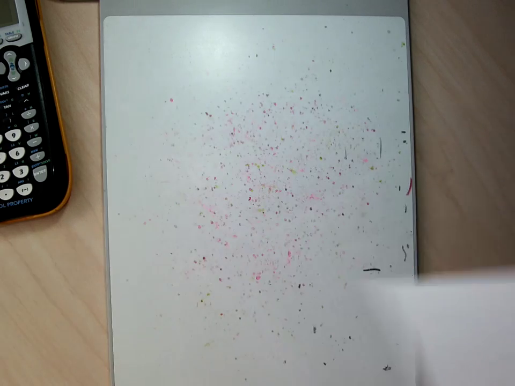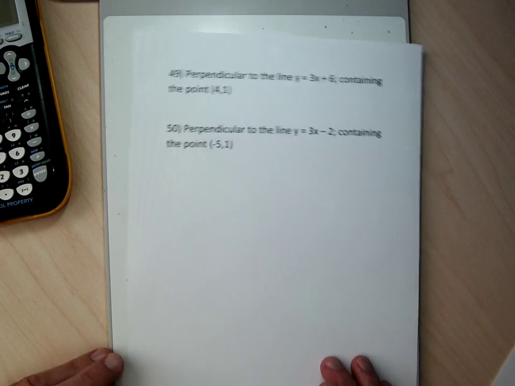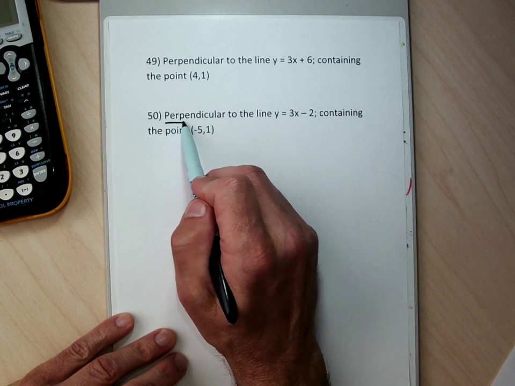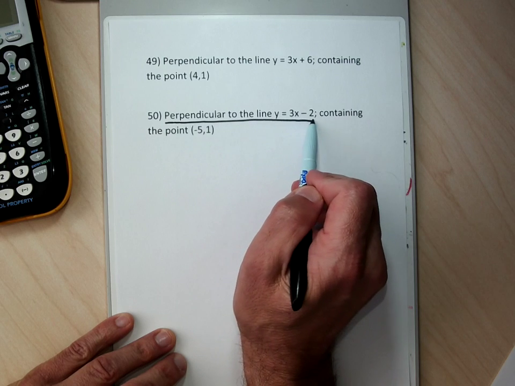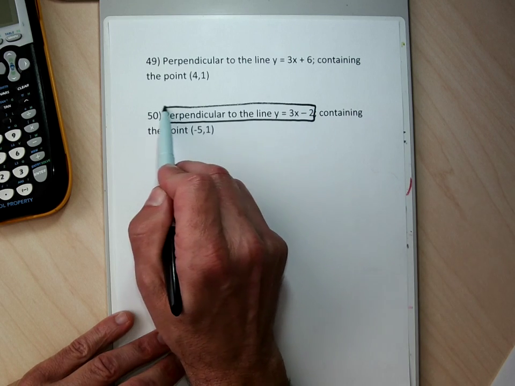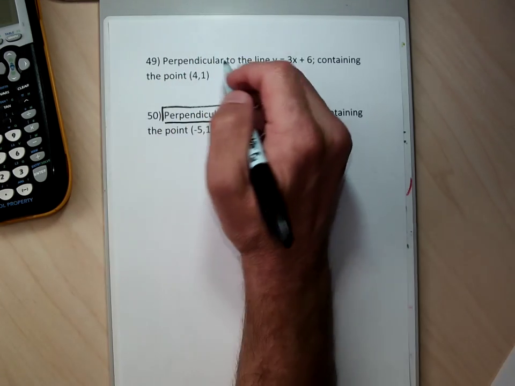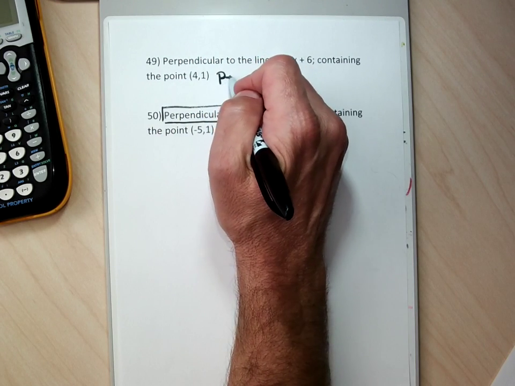All right, 49 and 50 are similar but harder. So it gives me some information about a line that's going to help me figure out the slope. It says my line is going to be perpendicular to the line y equals 3x minus 2. Perpendicular lines don't have equal slopes.